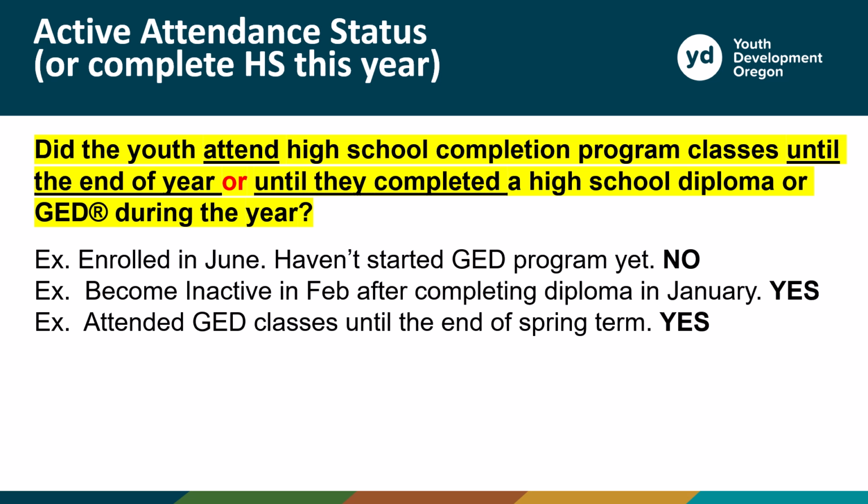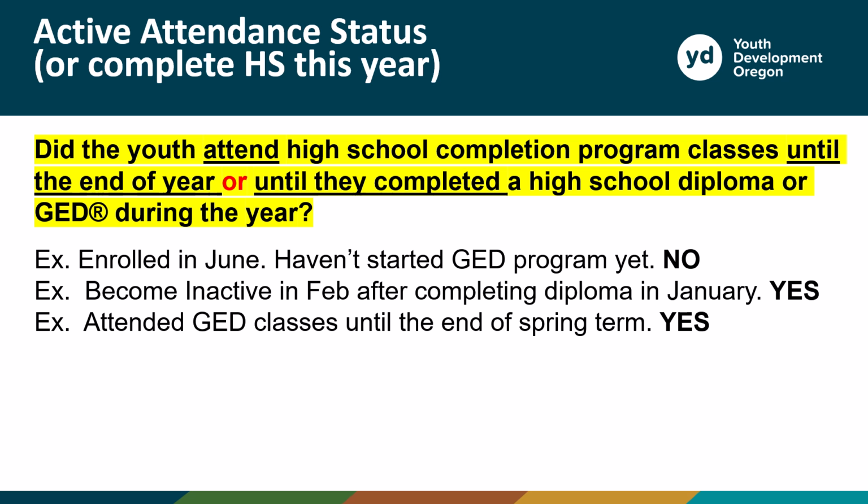And so this one is asking, did the youth attend high school completion program classes until the end of the year or until they completed a high school diploma or GED at any point during the year. And so here, you're not reporting detailed attendance. You will need to know if the youth is attending their school or program.